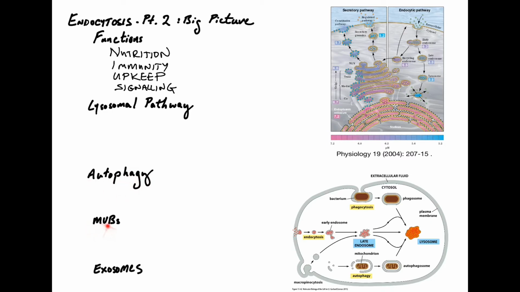And then we'll go back to things that really do start with endocytosis, and that includes the so-called multivesicular bodies that I've alluded to earlier, but we'll talk about those specifically. And then exosomes, which can be thought of as a product of the MVBs and are very important in the signaling reaction.